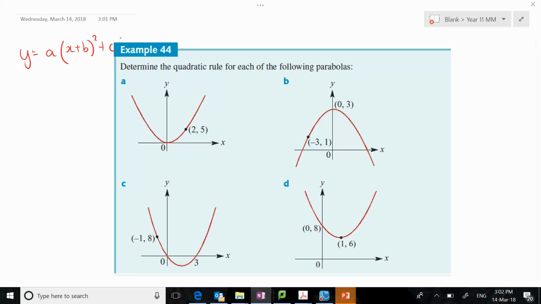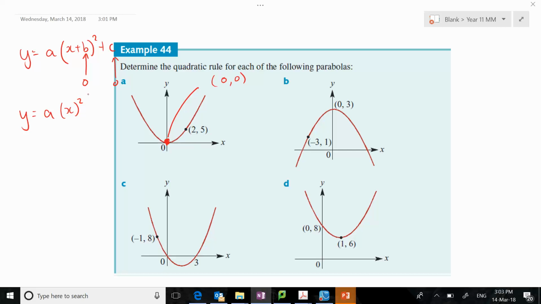Now you told me the turning point doesn't move left, doesn't move up or down. So that means b and c have to be 0. So if you put that in, you know that the turning point right here is 0, 0. That means b has to be 0. It doesn't move left or right. And c has to be 0. So what does that give me? It gives me y equals a x squared plus 0. That's it. Now, I don't know what a is, so how am I going to find a?